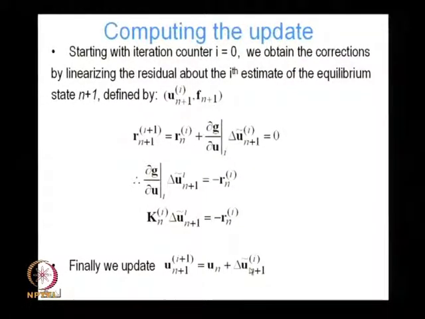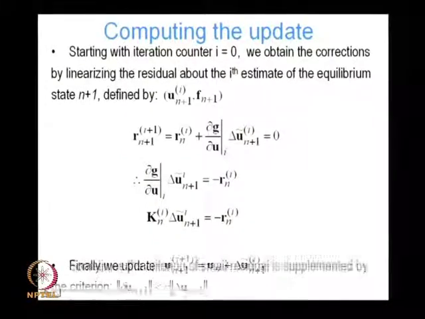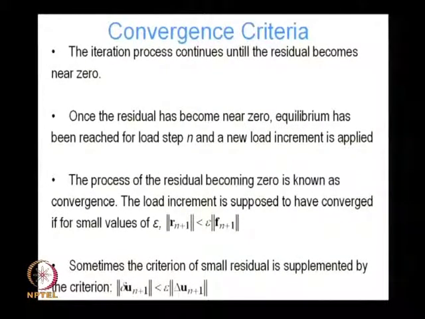So we are going to continue doing this until, what is the stoppage criteria? The stoppage criteria is that the residual becomes extremely small. When the residual becomes sufficiently small, I know that I can stop my iteration, but usually we use another stopping criteria. So I am going to talk about that. We continue the iteration process until the residual becomes 0.